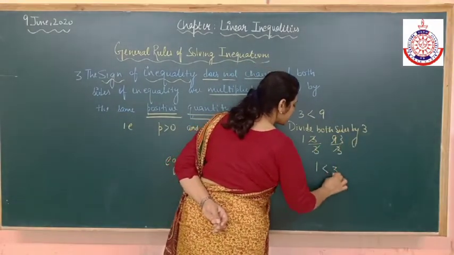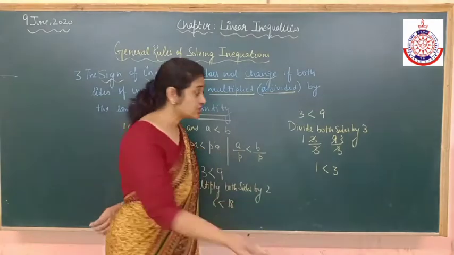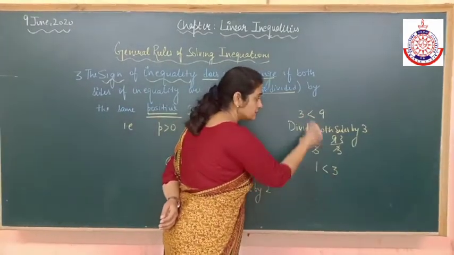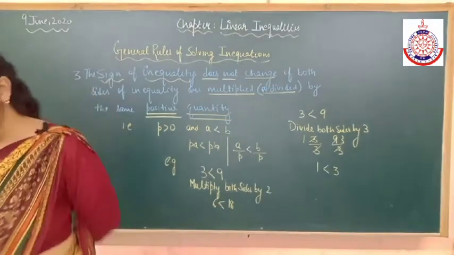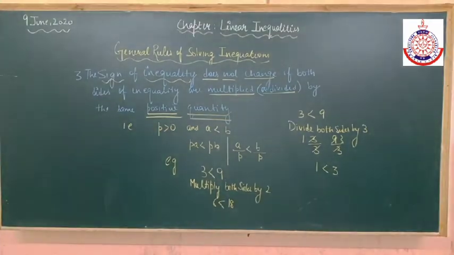Definitely 1 is smaller than 3. So does the sign of inequality change? Has it changed? No. So if I multiply or divide both sides by a positive number, the sign of inequality does not change.